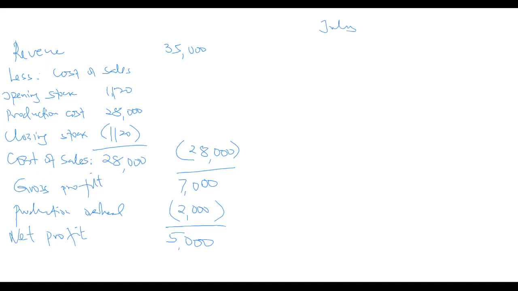Revenue. So revenue, month of July, we begin the same process. Revenue is equal to 31,500. Then we less the cost of sales, which is equal to opening stock. Let me take you back to the previous slide.